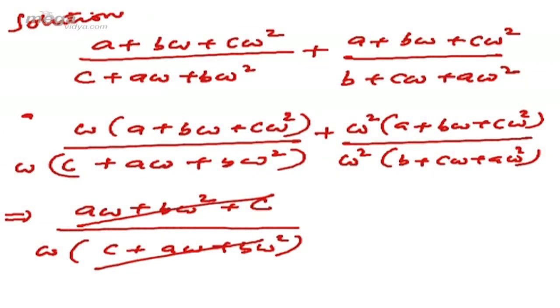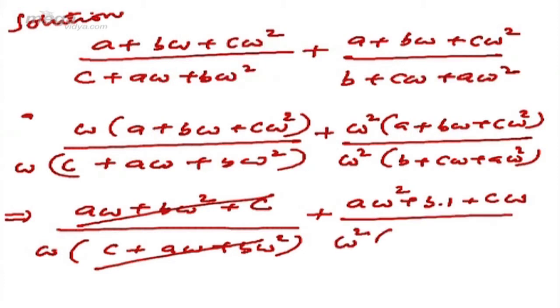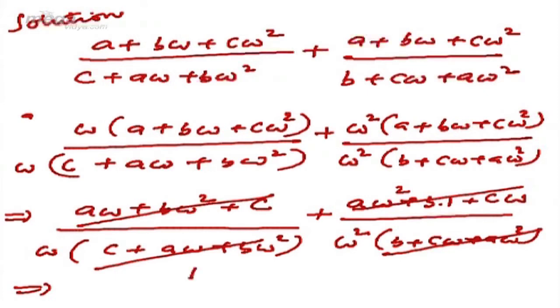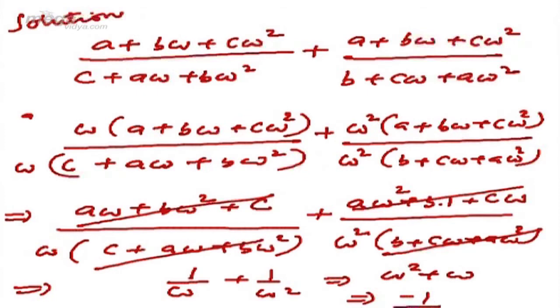Similarly, in the second term, if you take omega square inside, you will get aω² + bω³, that will become b, plus cω⁴, that is cω, divided by ω²(b + cω + aω²). Again the numerator will cancel out with the denominator. So the expression will become 1/ω + 1/ω². This can be written as ω² + ω, and this will become minus 1.